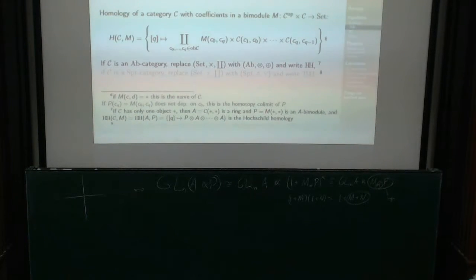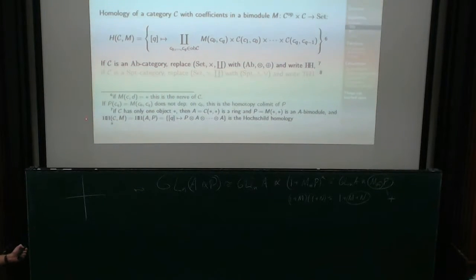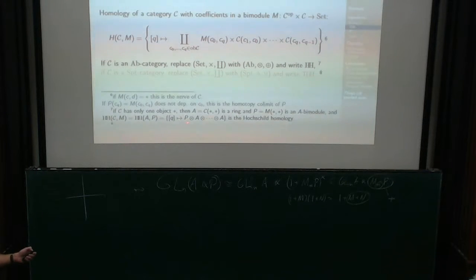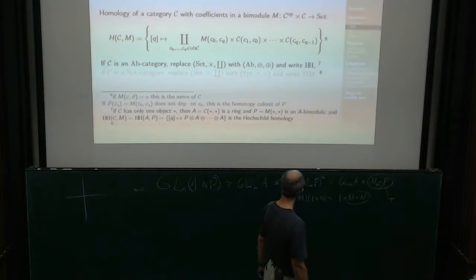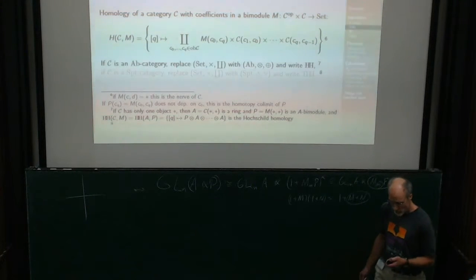And your bimodule, as applied to the only object, becomes a bimodule P over your ring, which I now call A. And the Hochschild homology of this one-point category is exactly the usual formula: in degree Q, P tensor A tensor itself Q times. So if A is flat, then that is Hochschild homology by anyone's definition.